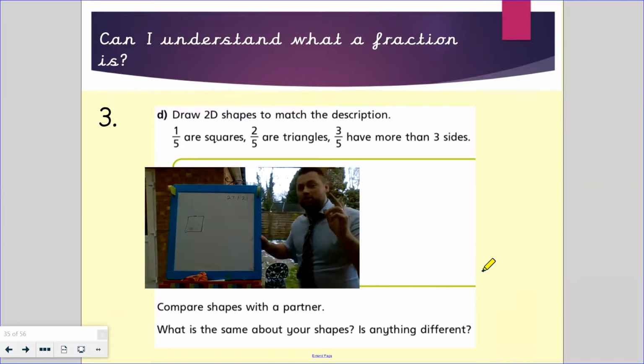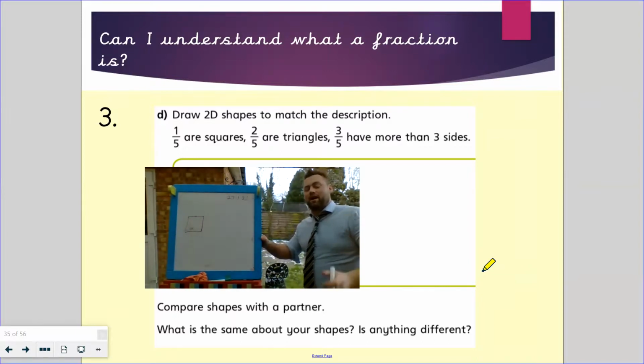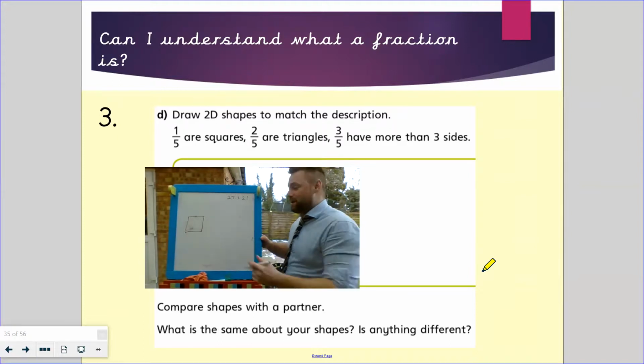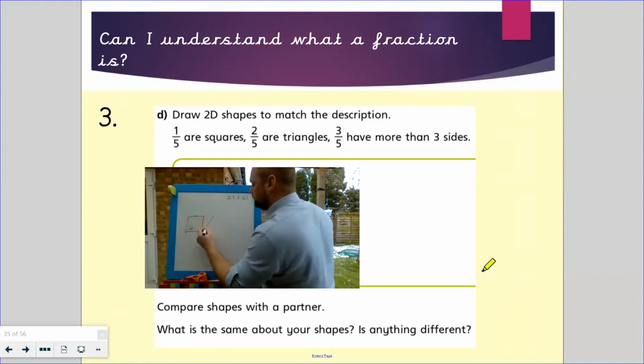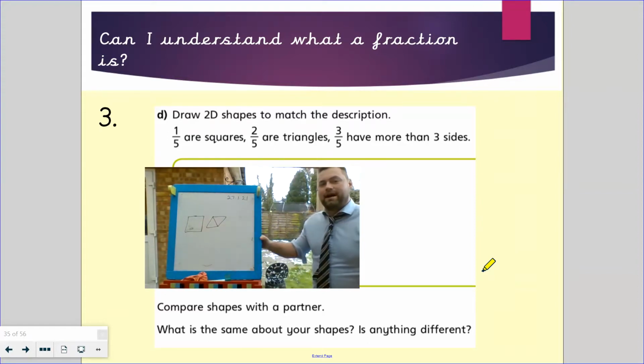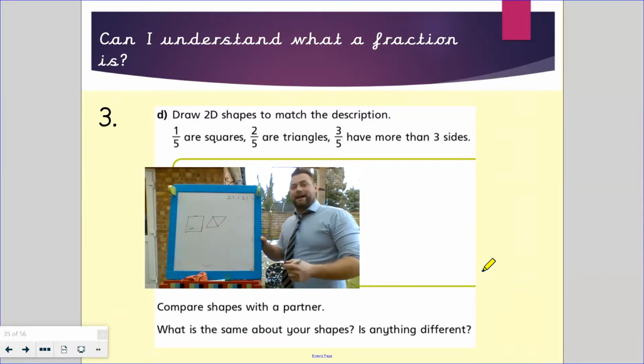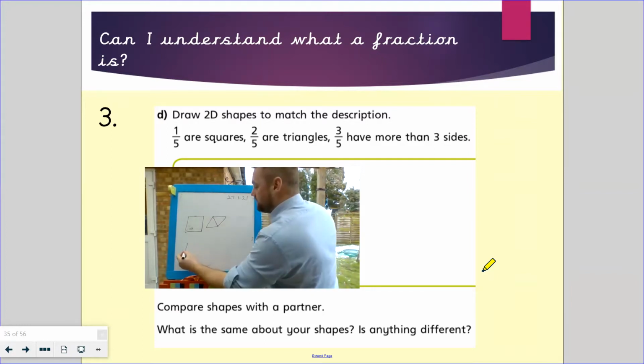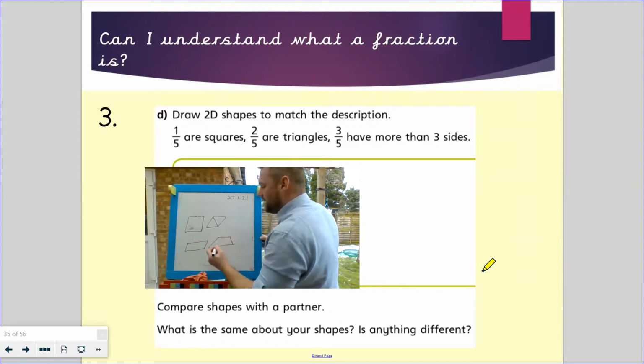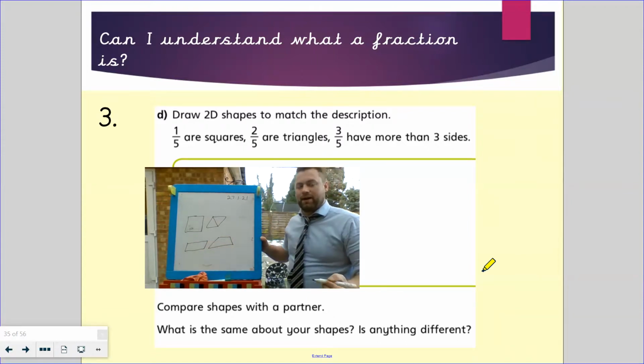There's my square. 2/5 are triangles. Okay, so 2/5 of my shapes have to be triangles. There's 2 triangles there. And then my final shape has to have 3/5 of my shapes have to have more than 3 sides. So I could have a rectangle, I could have a trapezium, and I could have a hexagon.